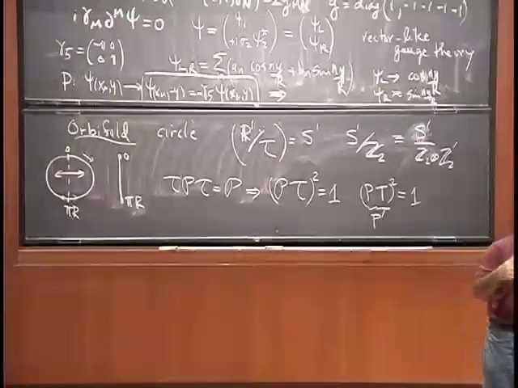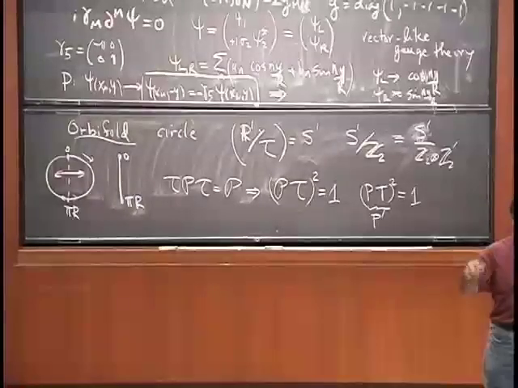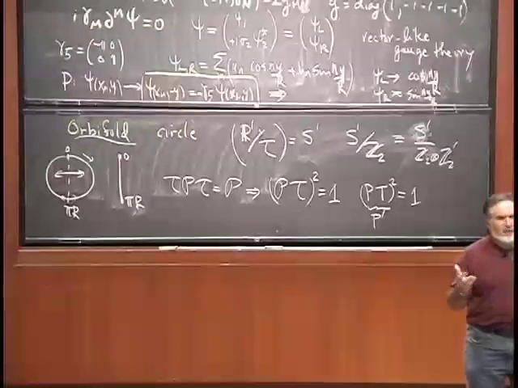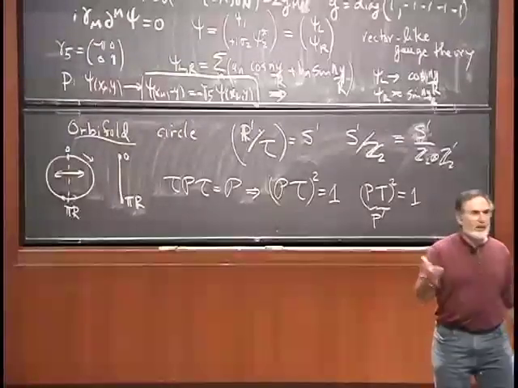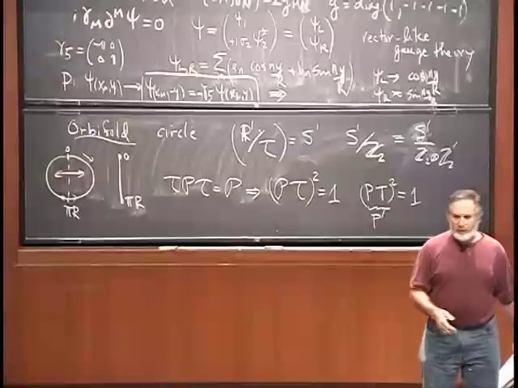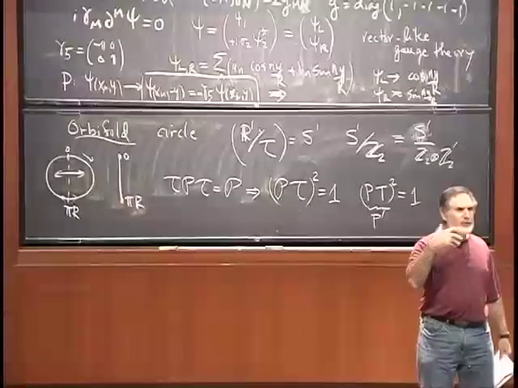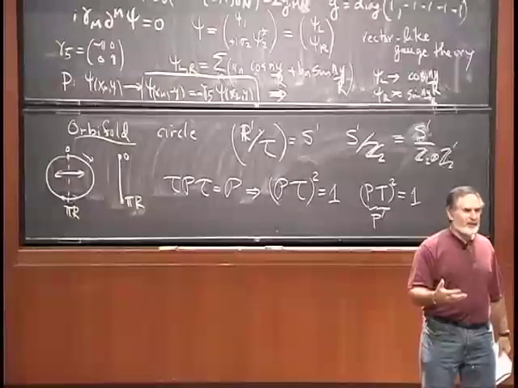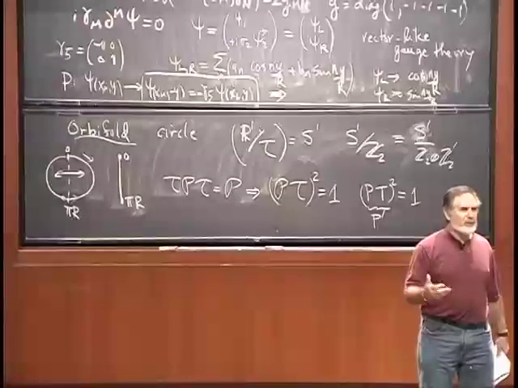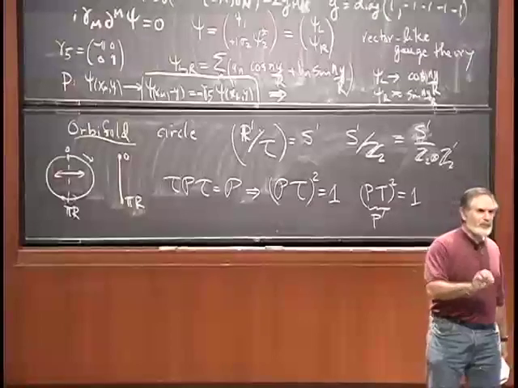It turns out, and I don't want to go into the detail here, if you're compactifying the theory on a circle, your Wilson line can be an element of Zn. You can have an arbitrary Wilson line, more or less. But if you orbifold that circle, then you're stuck with having a discrete Wilson line, and T squared has to be equal to 1, so T has to be plus or minus 1 eigenvalues. So it's the orbifolding which forces you to this discrete Wilson line.